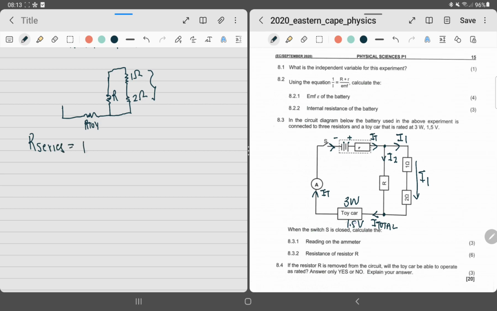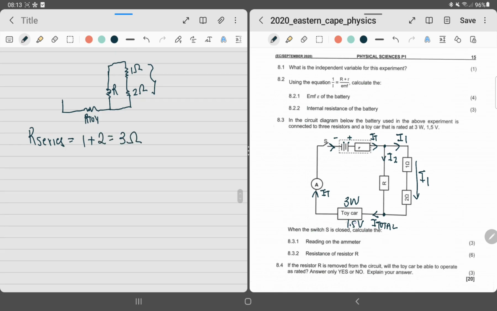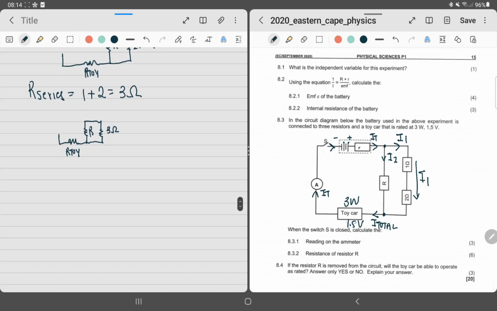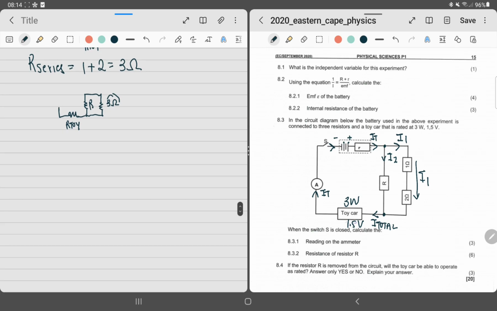And for resistors connected in series, we just add the resistors. So this is 3 ohms. Okay, now our circuit will look like this. So this is 3 ohms, that's R, and that's the R of the toy.